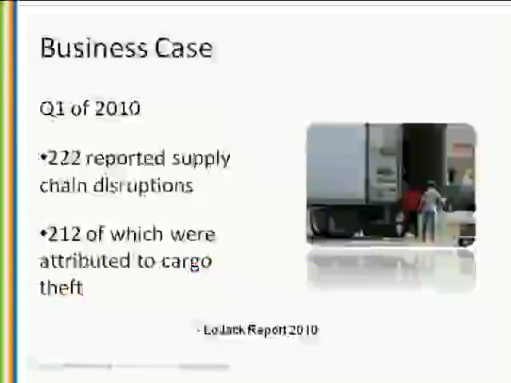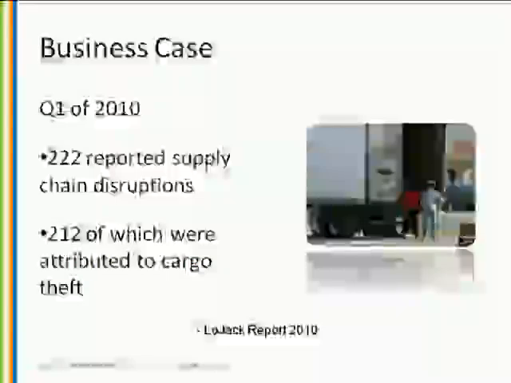So let's transition for a moment to the business case portion of our webinar. And what Renee and I would like to do is introduce a couple of statistics that are certainly influencing organizations to invest in supply chain risk management.